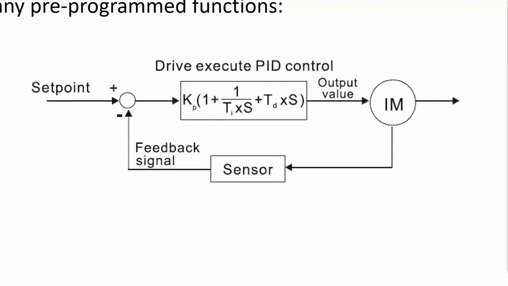And in these applications, you don't actually care about the speed at which the motor is running. So if, for example, you are trying to achieve a pressure of 6 bars, then all you really care about is that your pump will increase the speed when the actual pressure is below 6 bars and decrease the speed when it's above.